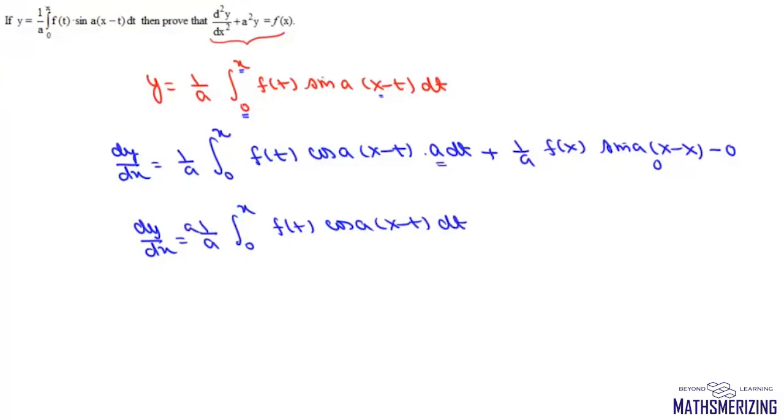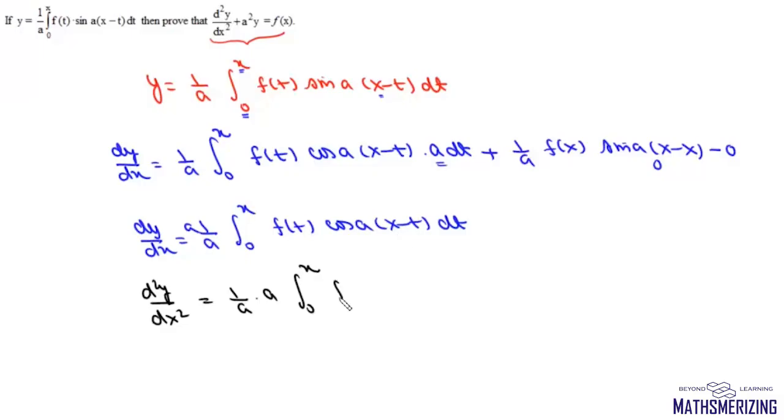Now we'll differentiate it again with respect to x. So we'll get d2y upon dx square, and it'll be 1 upon a into a, and then from 0 to x. Now we'll partially differentiate it again with respect to x.